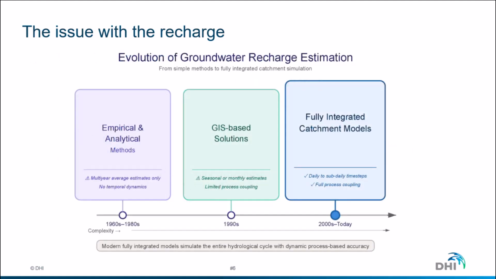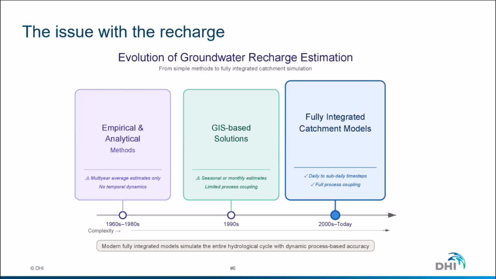Now, what you can see here is that, of course, the groundwater recharge estimation approaches evolved over the decades. Originally, in the 1960s and 70s, many papers were talking about empirical and analytical methods that mostly estimated multi-year averages only, with no temporal dynamics; we were far away from daily or monthly values for recharge. Then in the 90s, the GIS-based solutions were trending.